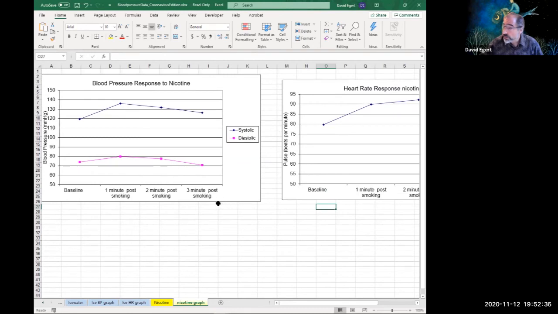What else? One of the interesting things, sources of variability. I've always talked about how you have to be careful. We've done this experiment for many, many years. I've been doing this one for like 20 years. People who smoke will do the smoking and will usually get similar data.